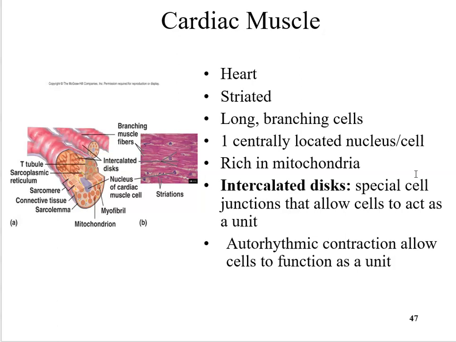Cardiac muscle cells have intercalated discs, which are cell connections consisting of many gap junctions and desmosomes. Gap junctions allow ions and electrical currents to pass from cell to cell, so the heart can act as a unit.